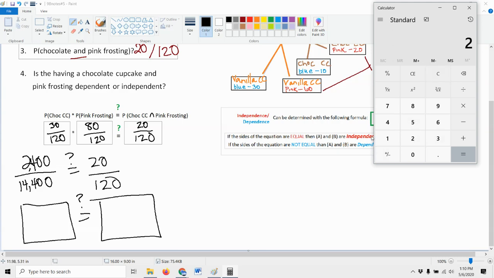So when I divide 2,400, that's the top number for this guy, by the bottom number, 14,400, I'm going to get what?